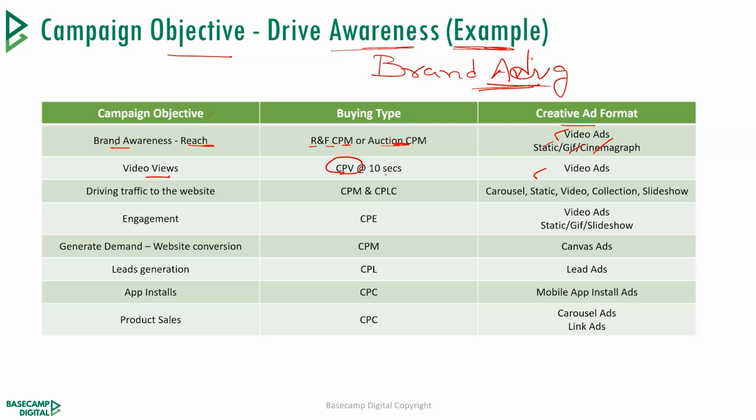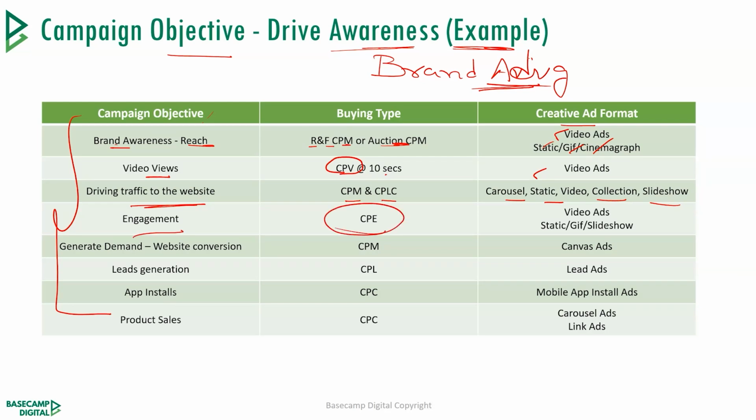This is something we learned, right? Ten seconds is what? That's a video ad. Driving traffic to the website: I want more people to come to my website. And then I say CPM or CPLC, carousel ad, static, video ad, collection, slideshow, depending on what you want to show. Based on this, you give them all the objectives of the campaign.